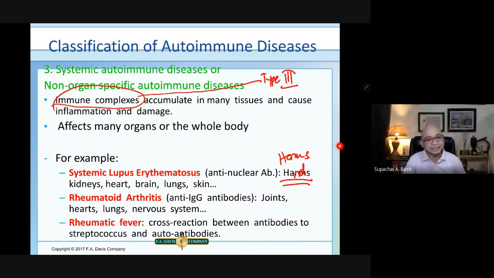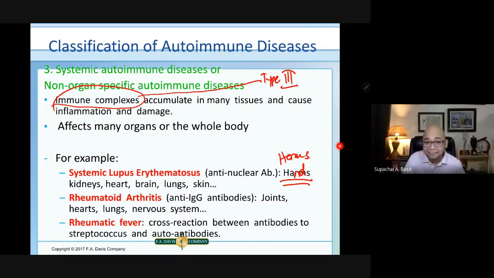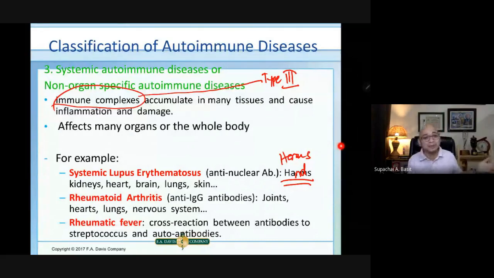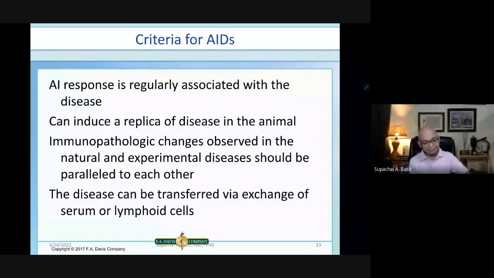Rheumatoid arthritis, if you develop anti-IgG antibodies, or the rheumatoid factor, affects the joints, heart, lungs, and nervous system. Rheumatic fever is a cross-reaction between antibodies to Streptococcus and autoantibodies. So these are all examples of systemic, or non-organ-specific, autoimmune diseases.